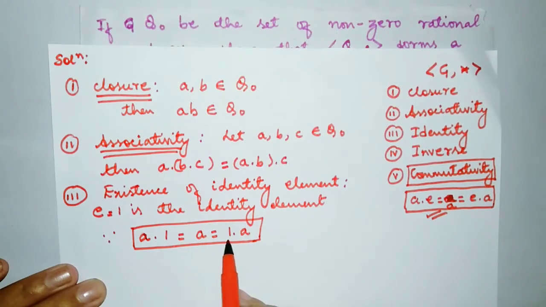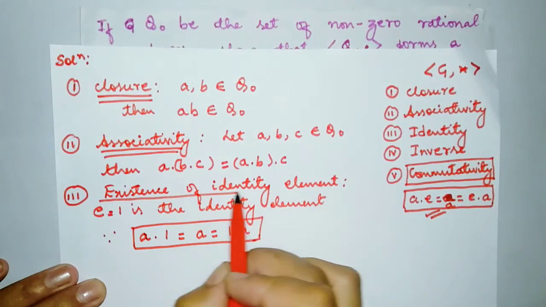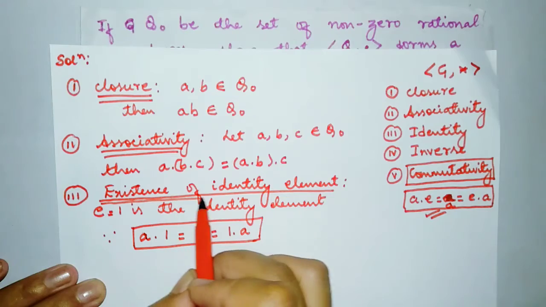Hence we see that the identity element also exists.